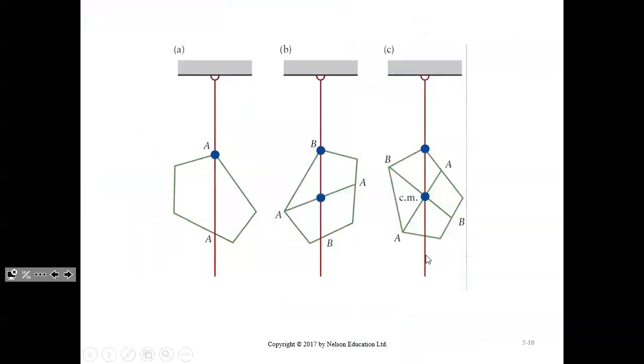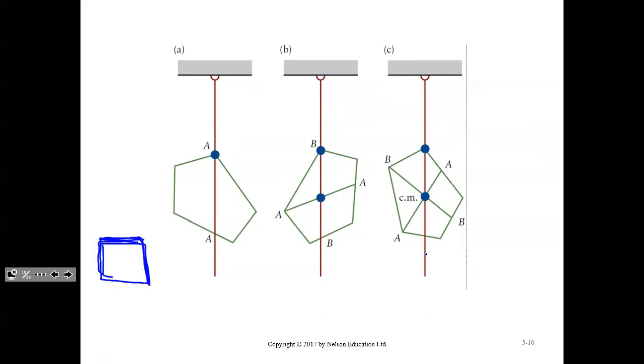So here we are showing how to get the center of mass, which is also the center of gravity, not from calculation, but experimentally. If it is a symmetrical shape, like for example a square, symmetrical, homogeneous, made of the same material, the center of mass or the center of gravity is very easy.